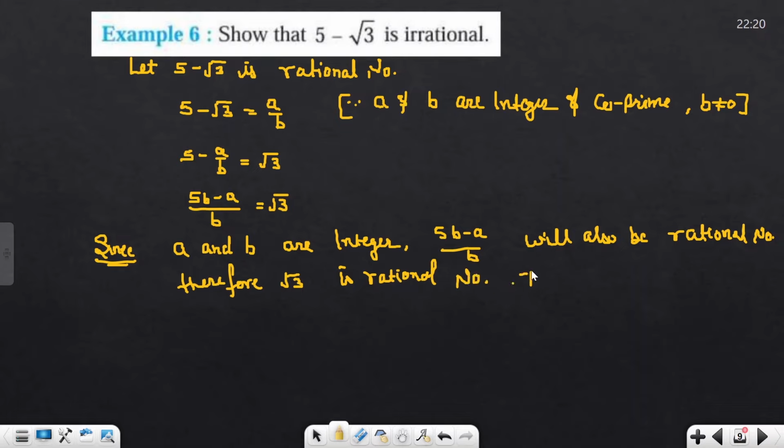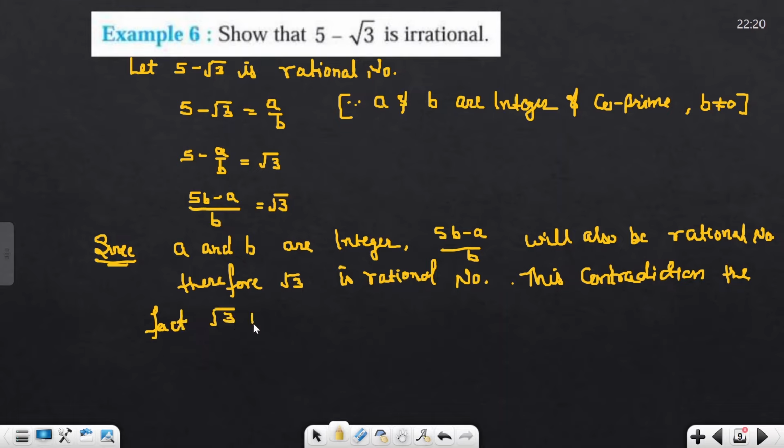This contradiction, always remember this line. The fact, what is fact?